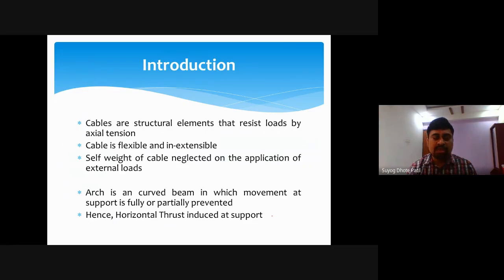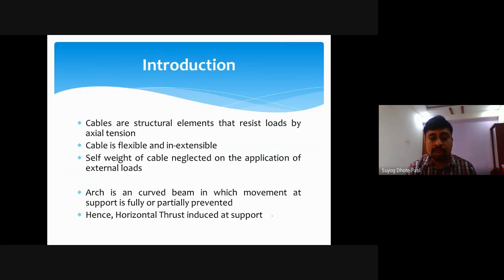In the case of cables, unknown forces or applied loads are resisted by axial tension. So if the arch is an inversion of the cable, the arch will be a member that can resist the vertical or gravity forces by the action of compression.